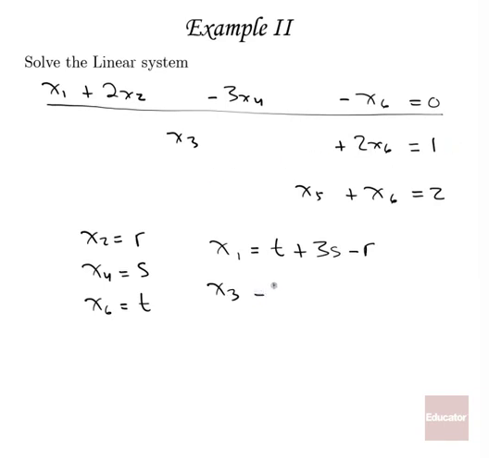That becomes 1 minus, and we said that x6 is t, so 1 minus 2t, and we solve for x5. This one, we just move this over to that side. That's equal to 2 minus x6, which is t.